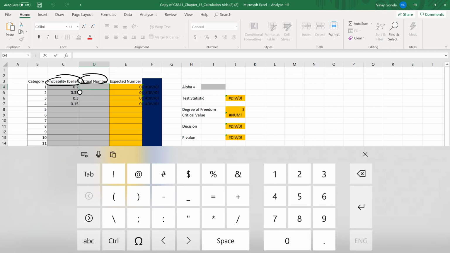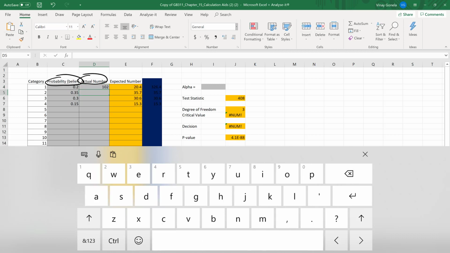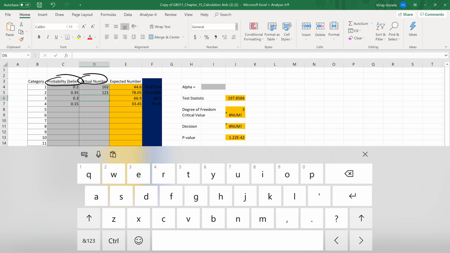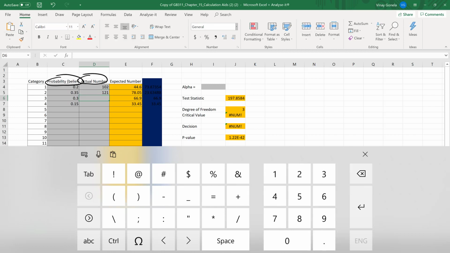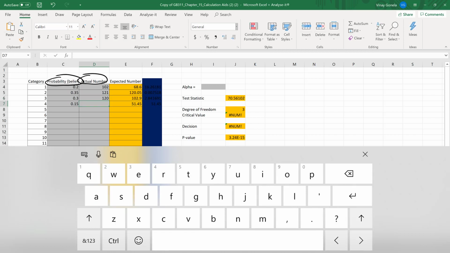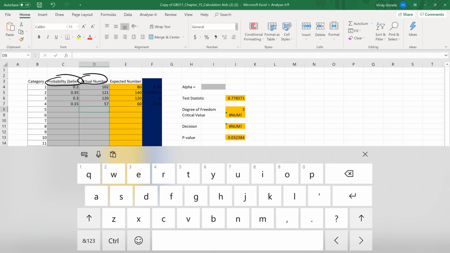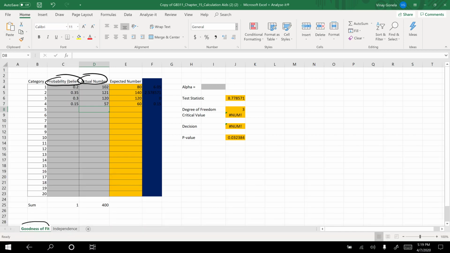So this is 102, then 121, then 120, and finally 57.